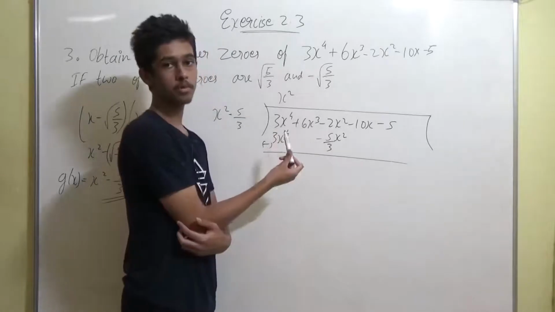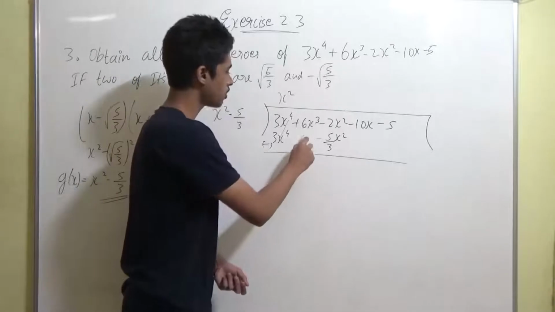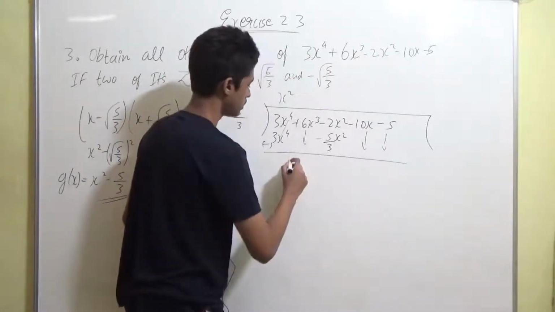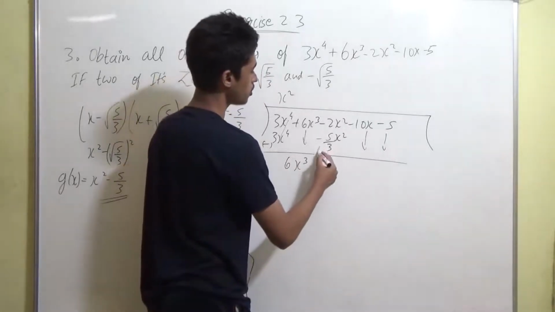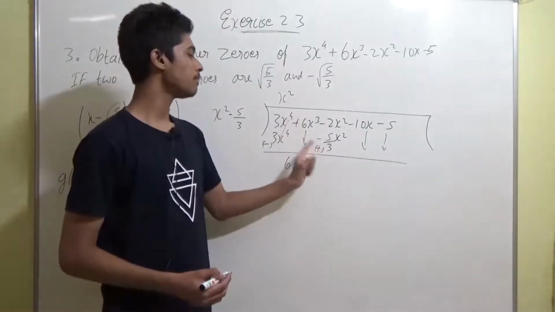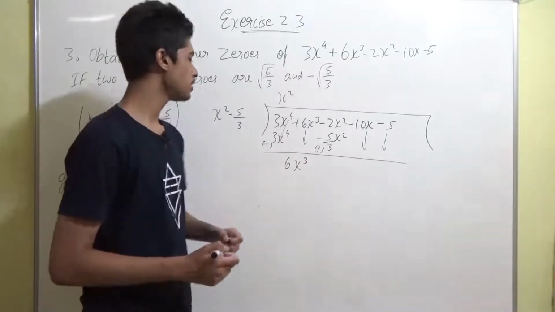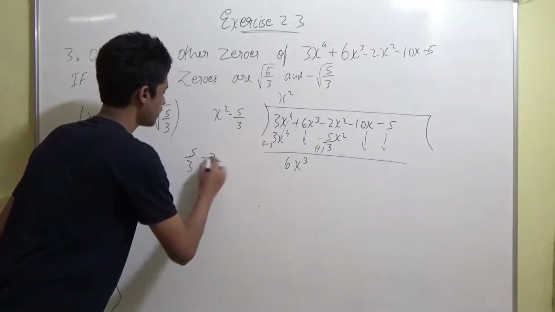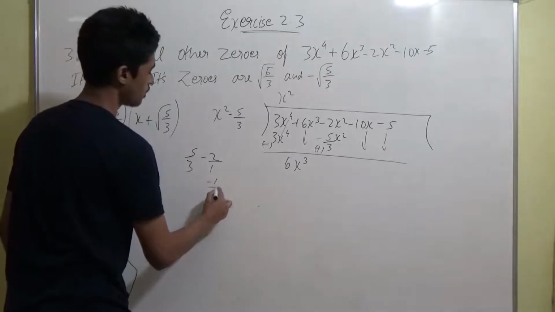So 3x^4 minus 3x^4 gets cancelled, and the remaining terms you are just going to pull down. This becomes 6x^3, and here it becomes plus 5 by 3 x^2 minus 2. 5 by 3 minus 2 is (5 minus 6) by 3, which becomes minus 1 by 3.